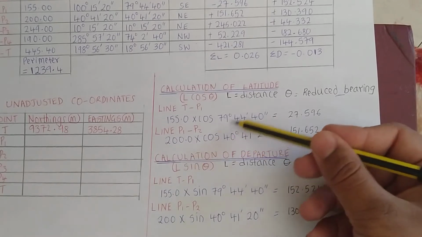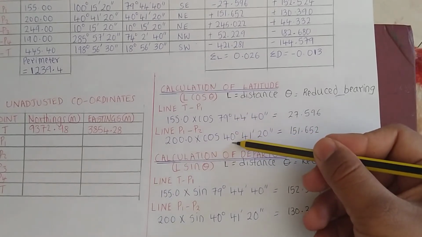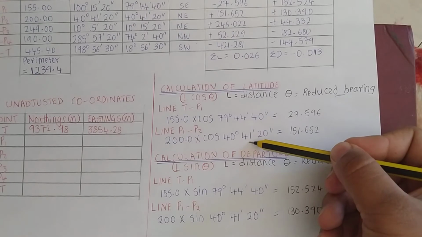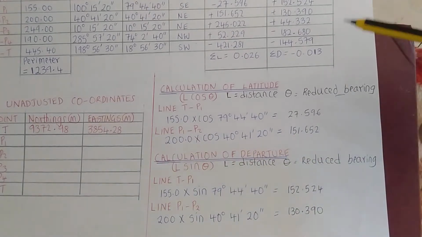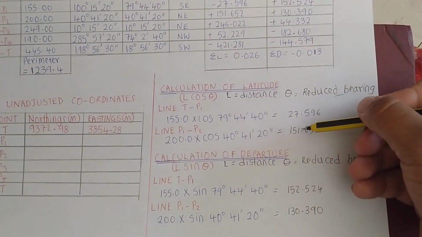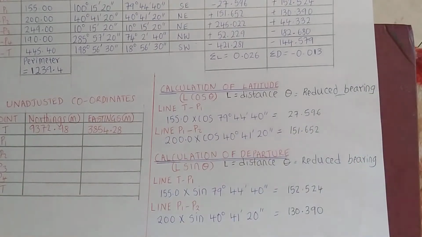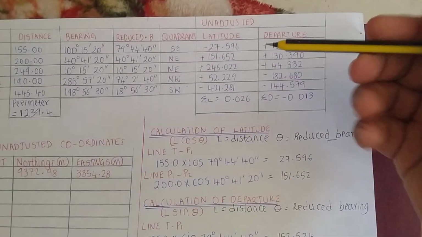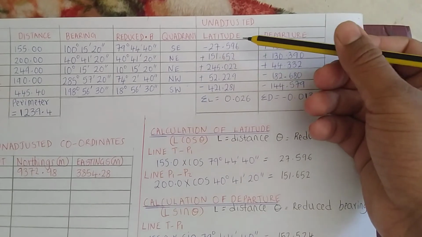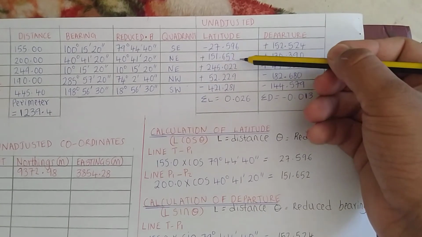So cos theta, with the reduced bearing of 40 degrees 41 minutes and 20 seconds, I got 151.652. You can calculate the rest of them, but I have already calculated mine.